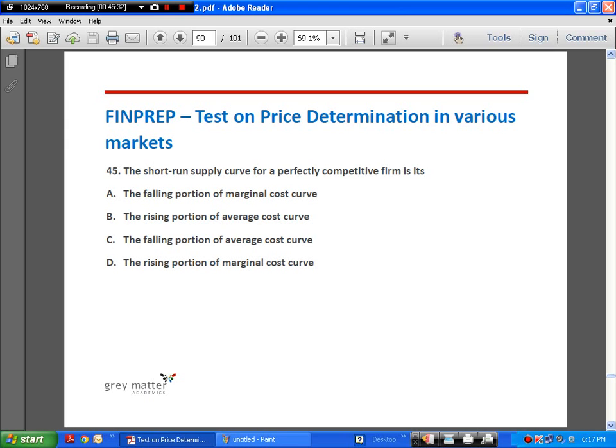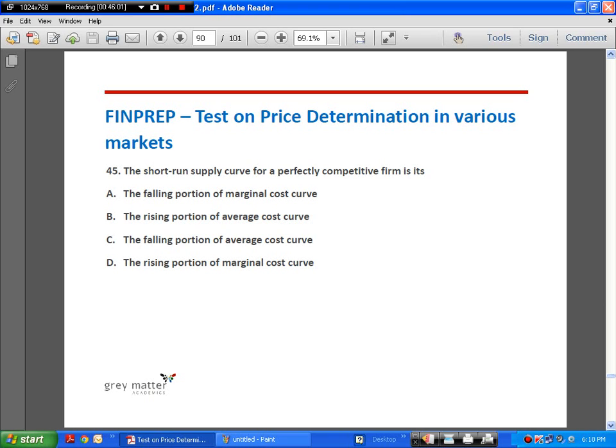Now, marginal revenue equal to marginal cost will determine the equilibrium level of output, or what quantity will be sold in the market. So since average revenue or marginal revenue is constant, changes in marginal cost will bring about changes in quantity traded in the market.